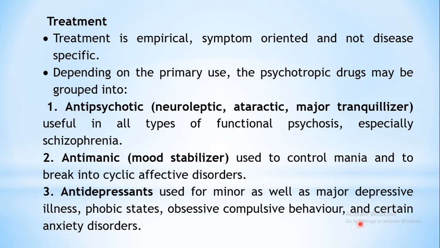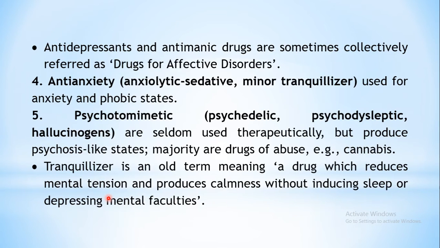Obsessive compulsive behavior and certain kinds of anxiety disorders may also be treated with antidepressants. These two classes, antidepressants and anti-manics, are referred to as drugs for affective disorders, because affective disorders mean mania and depression. These are two separate chapters which you are going to study, but collectively they are known as drugs for affective disorders.